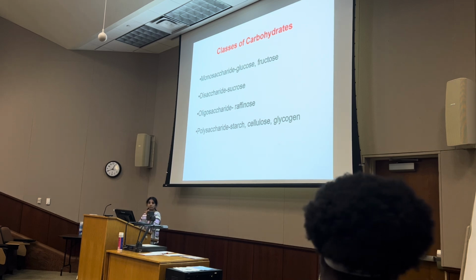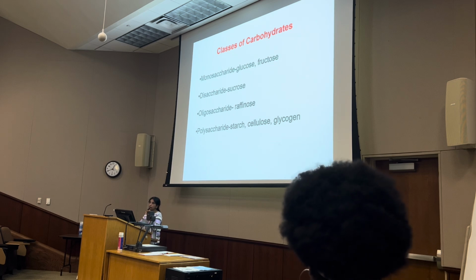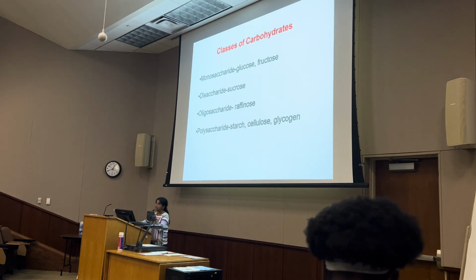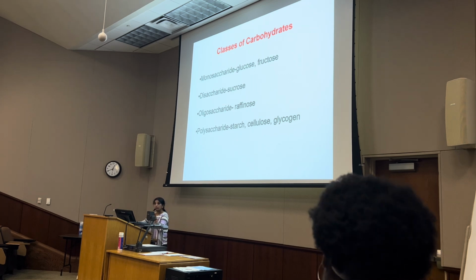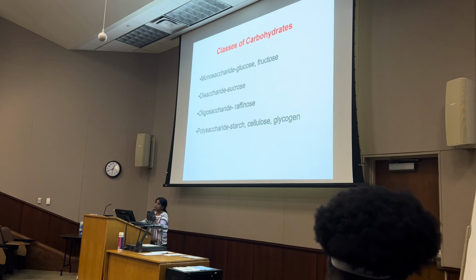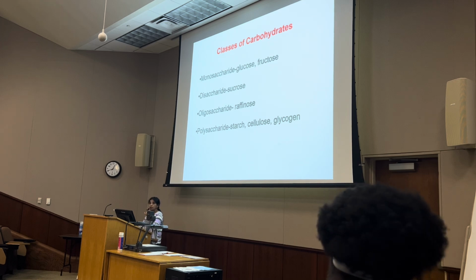Monosaccharides are glucose, fructose, and galactose. Those are important because we do talk about them in Biochem 2, how to metabolize glucose and how to metabolize fructose and galactose, which I just did with the class this morning. Disaccharides are two monosaccharides together.